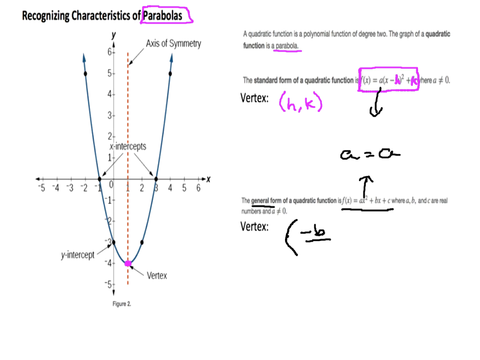To find the x coordinate, we do negative b over 2a, which is part of the quadratic formula. Hopefully that jumped out at you. And then to find the y coordinate, we just plug whatever we get for x into the function. So f of negative b over 2a gives us that other coordinate of the vertex.